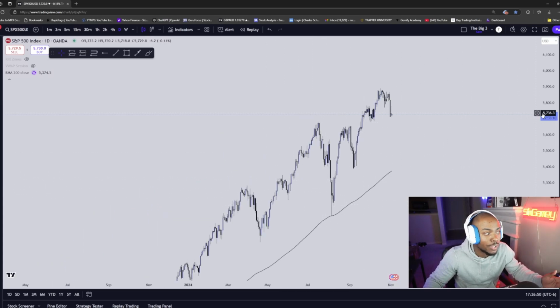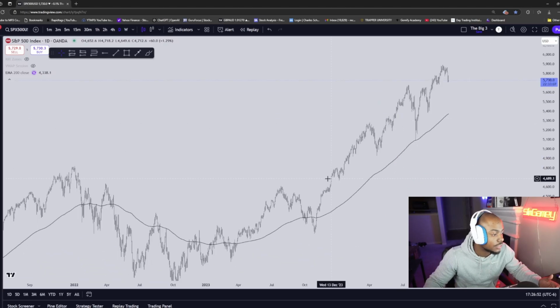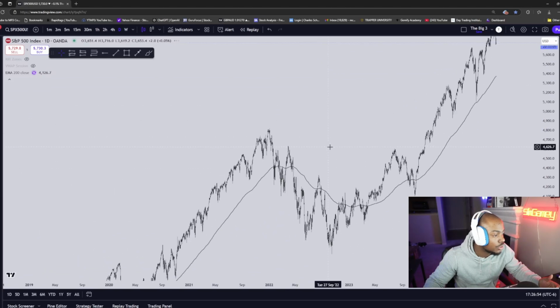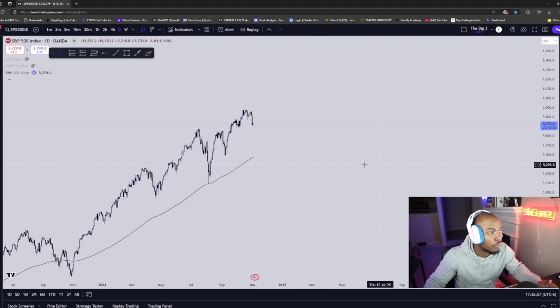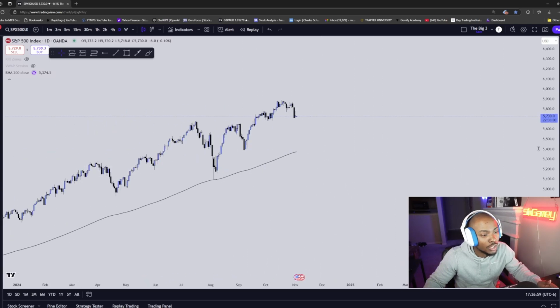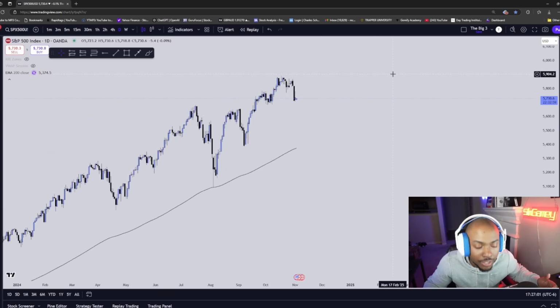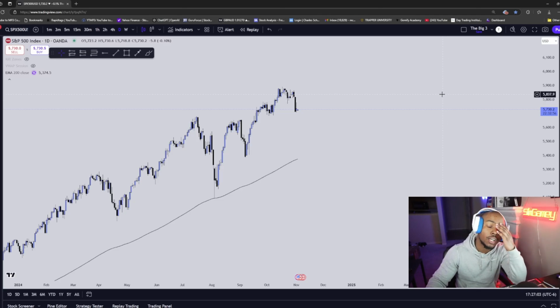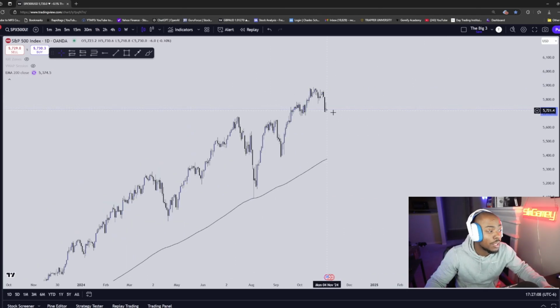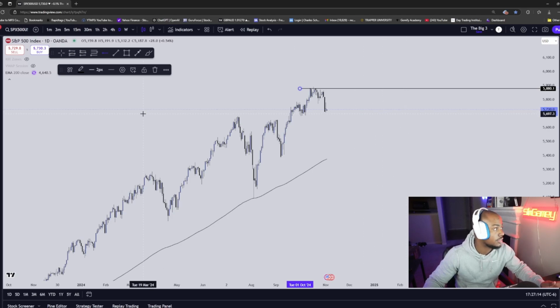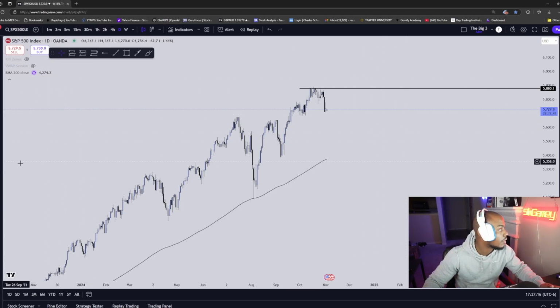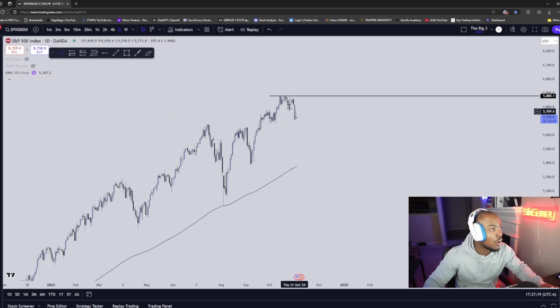The market has been on a bull run since 2022. Eventually there's going to be a correction, but I don't see it happening. I'm not an analyst. I'm not a financial advisor. Don't listen to me.